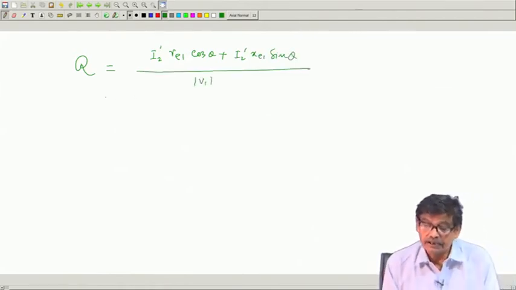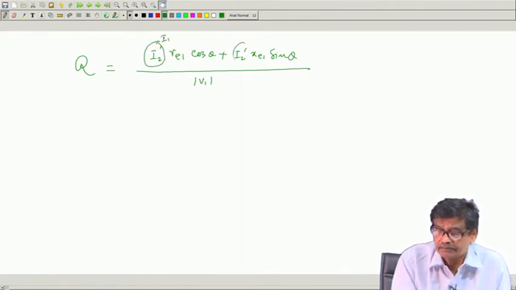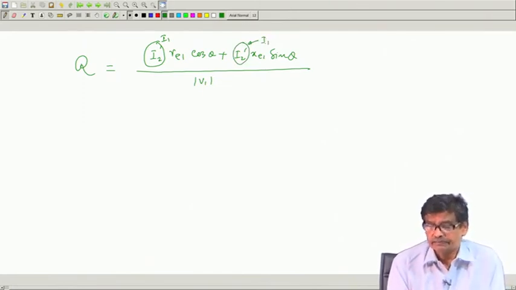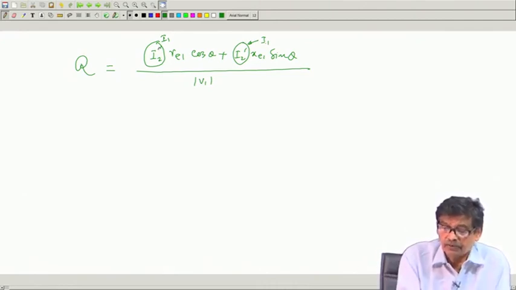This is regulation. Now, in this expression, this I 2 dashed, as I told you, if you neglect no load current, is as good as I 1. So, you can calculate regulation given a particular current and particular power factor of the load.